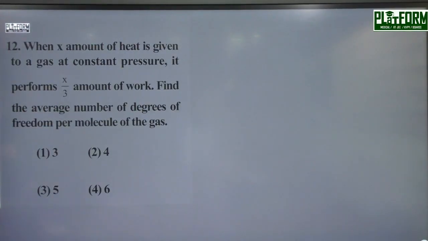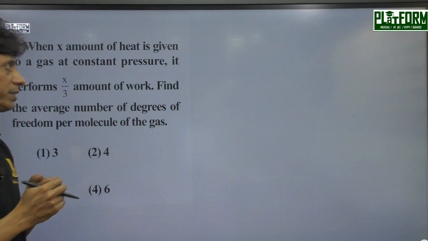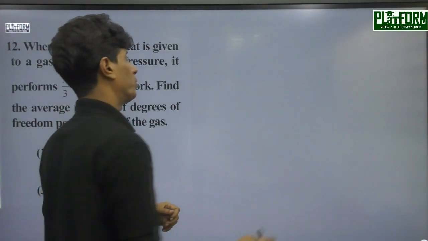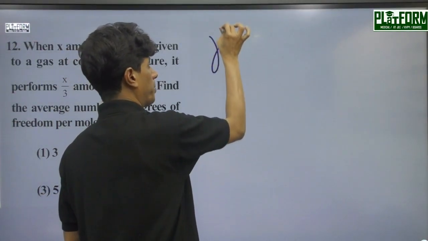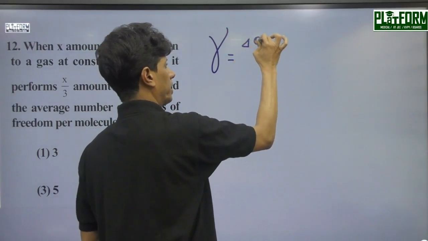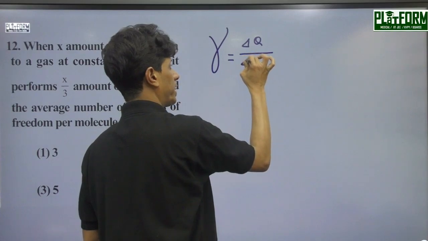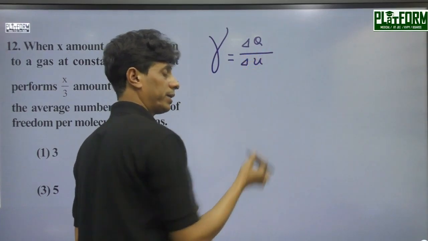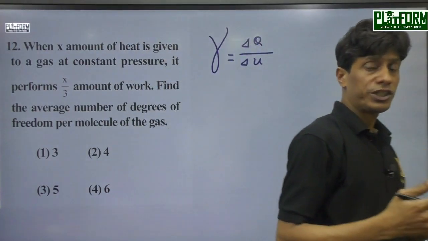Next problem, when x amount of heat is given to a gas at constant pressure, it performs x by 3 amount of work. We know gamma is equal to the amount of heat supplied to the gas by the change in internal energy.